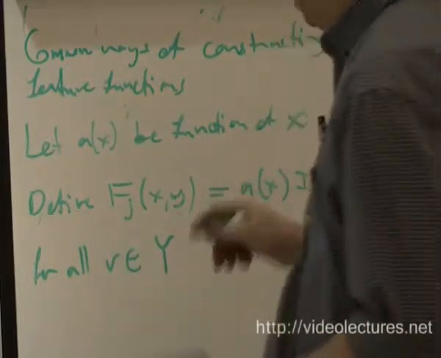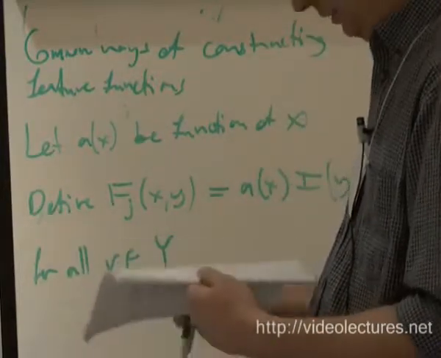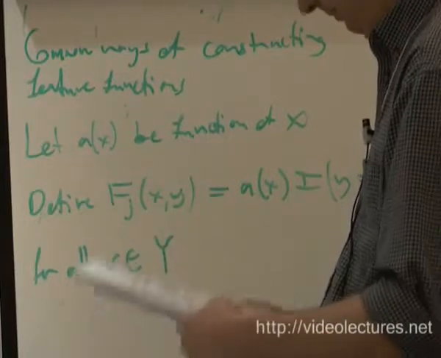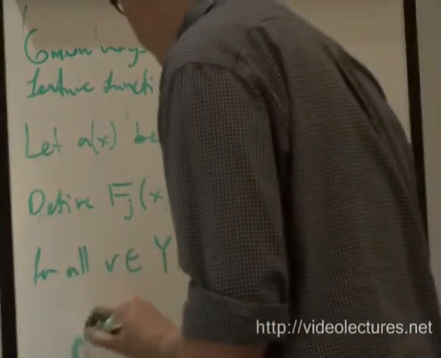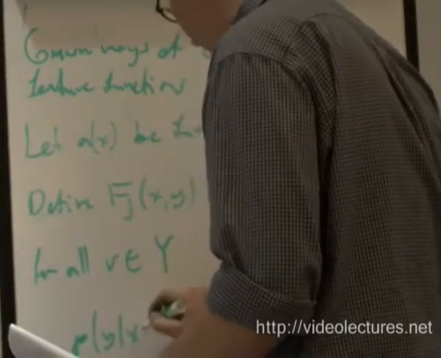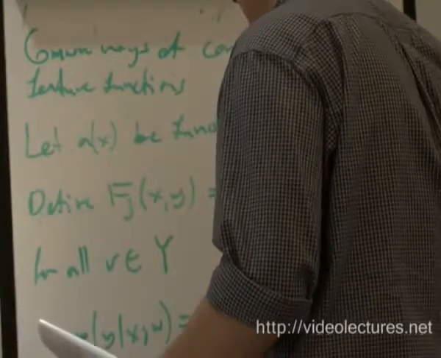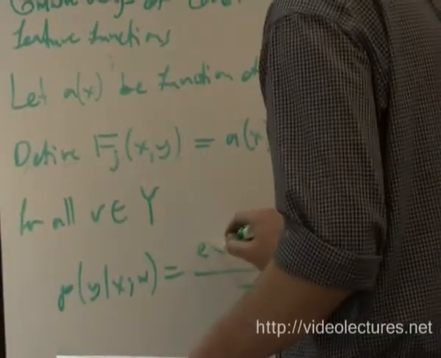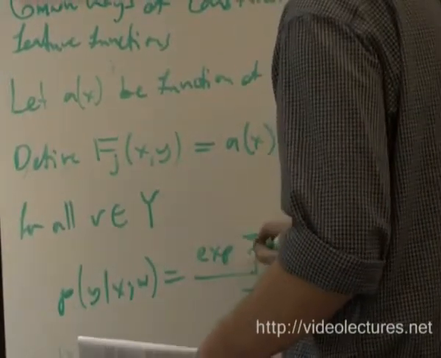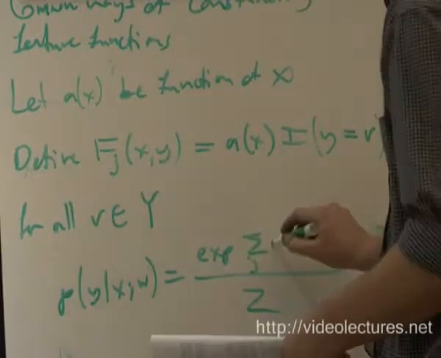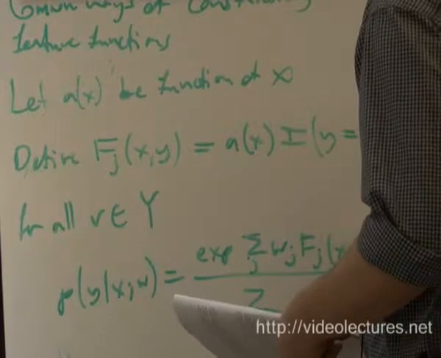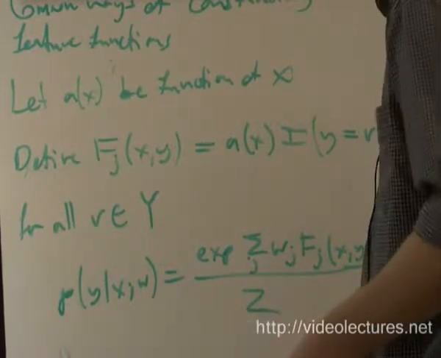And so then if we have our formula, p of y given x, w is, there's a normalizing constant times the sum over j of wj, fj of x and y.